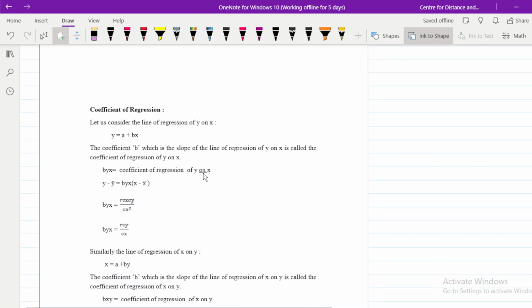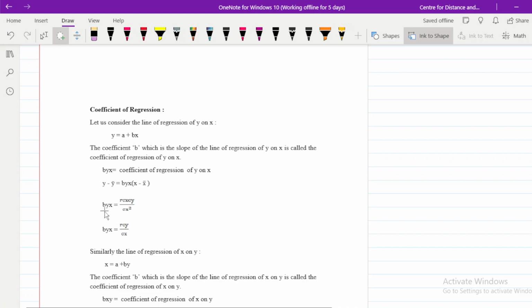Okay, and now we see the coefficient of regression. First we consider the line of regression of y on x, that is y is equal to a plus bx. Then the coefficient of regression of y on x is denoted by byx. Therefore we get y minus y bar is equal to byx into x minus x bar.